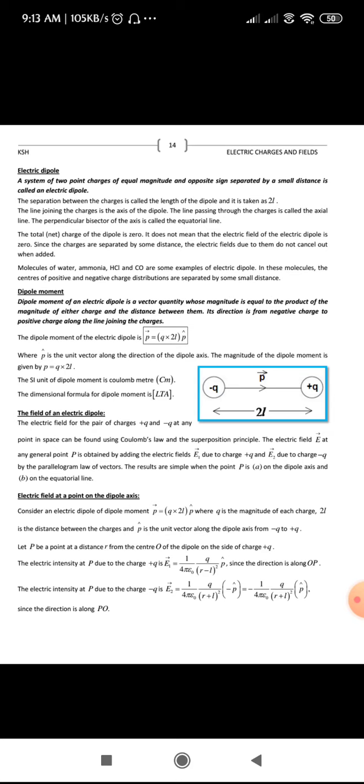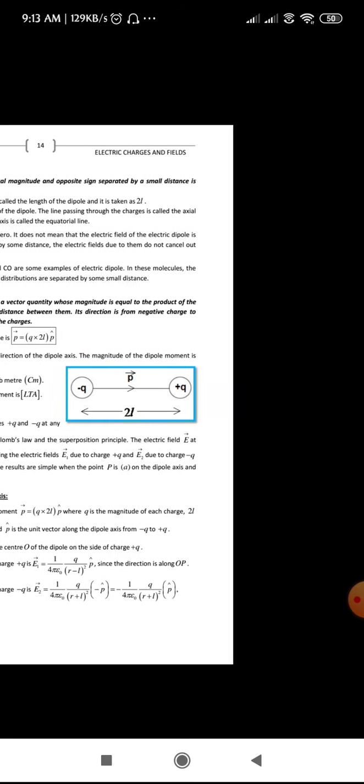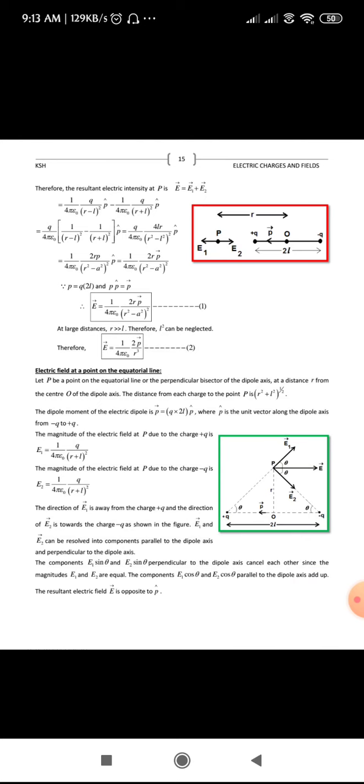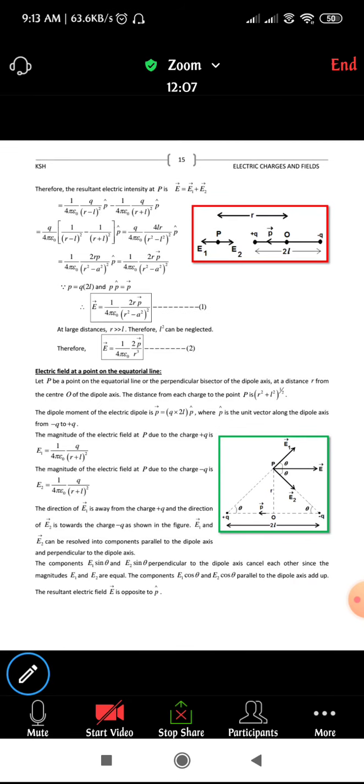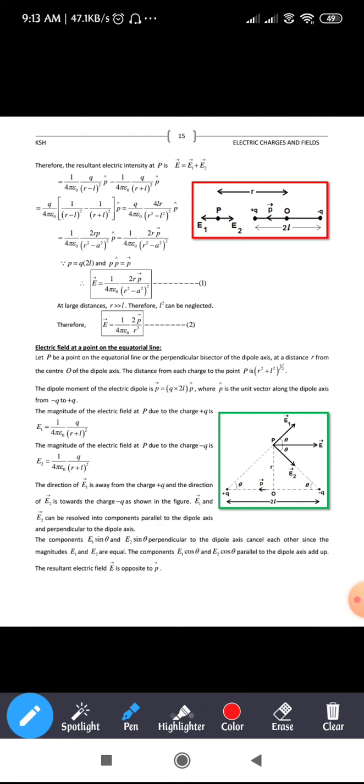Now the next line: the electric intensity at P due to charge plus q. Here we are going to find the electric field at point P due to the plus charge q. Once again, I'll make it clear: we are finding the electric field at point P due to the positive charge plus q as of now.